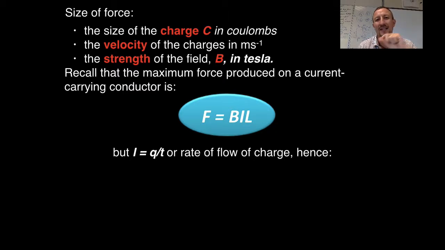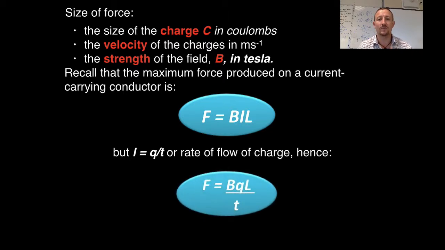current is basically the charge over the time, the rate at which charge is flowing at a specific point. So we can substitute for I, so that instead of I, we get a formula which is force equals the field strength times the charge Q times the length of the wire over the time taken. Now, as I stated, we don't have a wire in this case, we just have a moving charge.